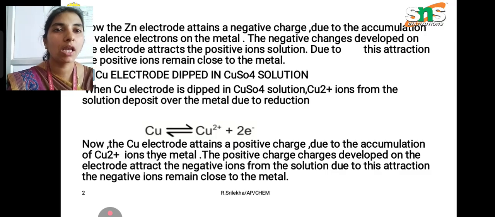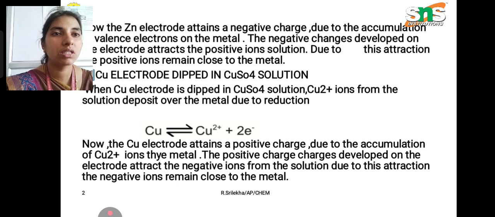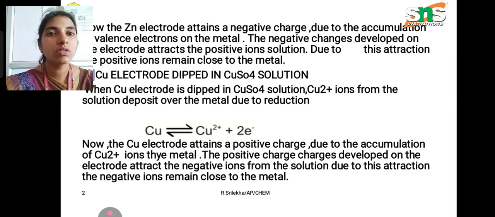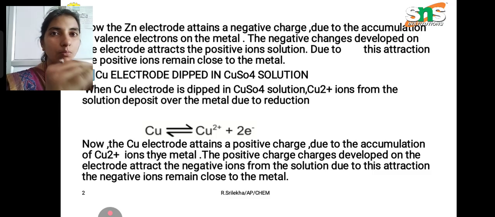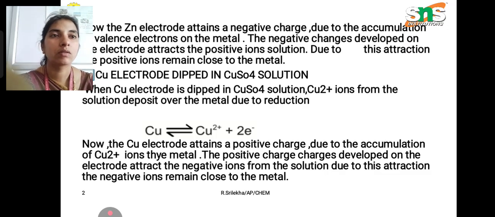The copper electrode attains a positive charge due to the accumulation of Cu2+ ions. The positive charge developed on the electrode attracts negative ions from the solution. Due to this attraction, the negative ions remain close to the metal, and then the process reverses.